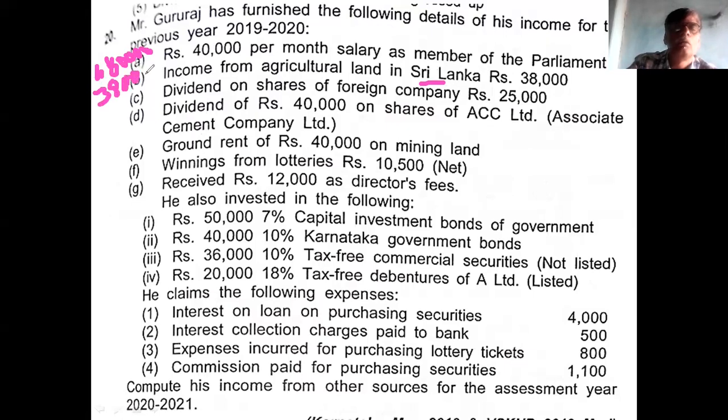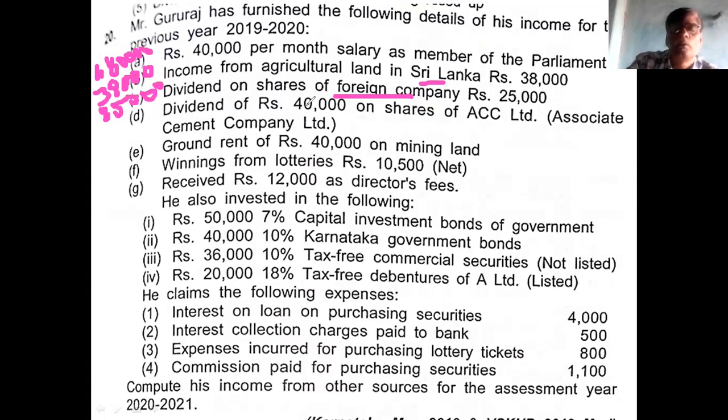Third point, dividend from foreign companies also taxable, 25,000.